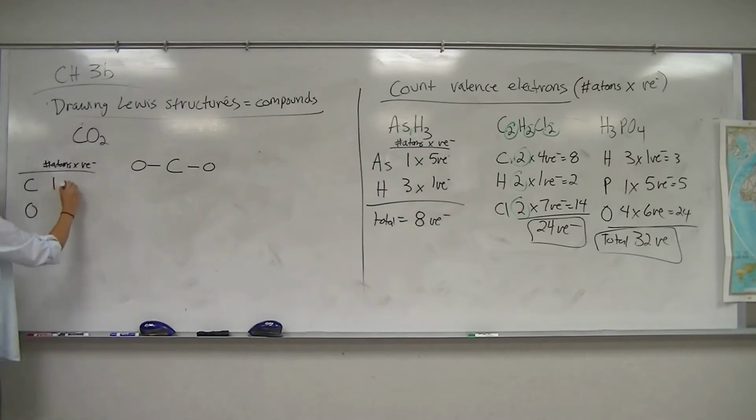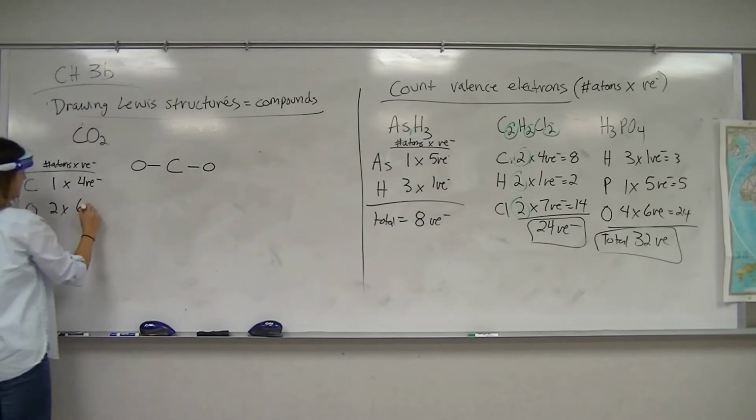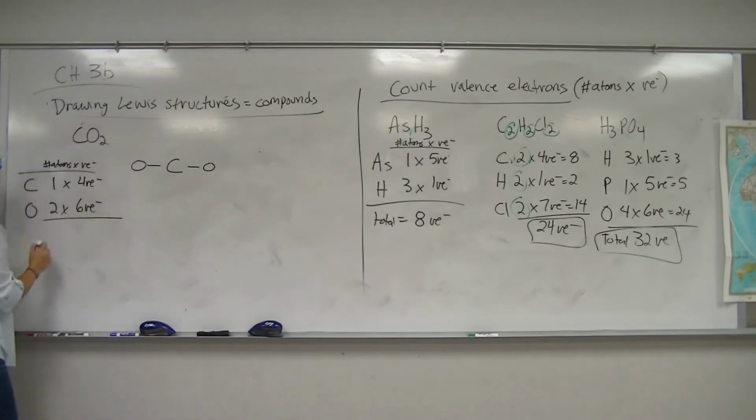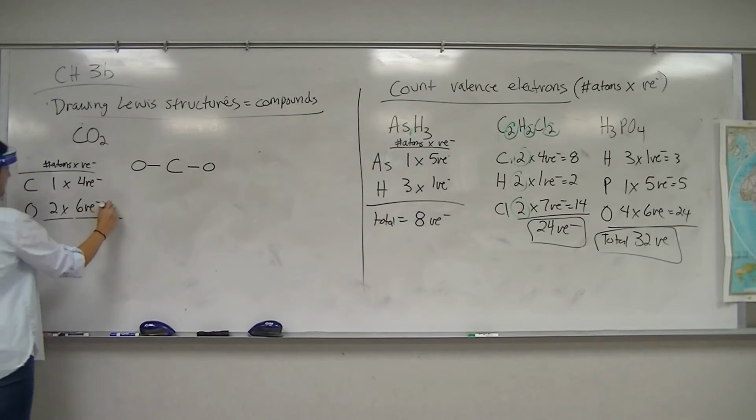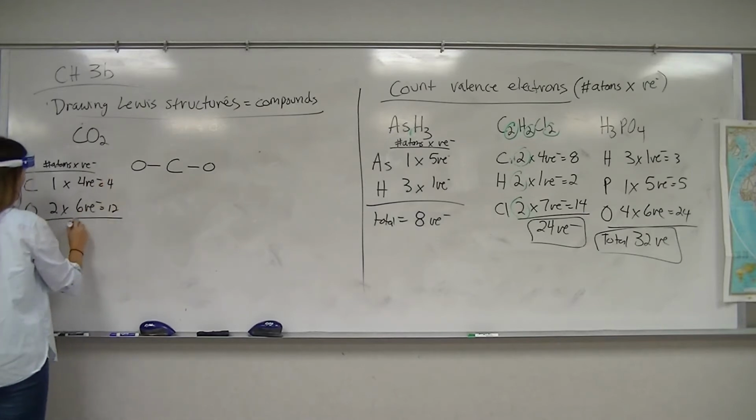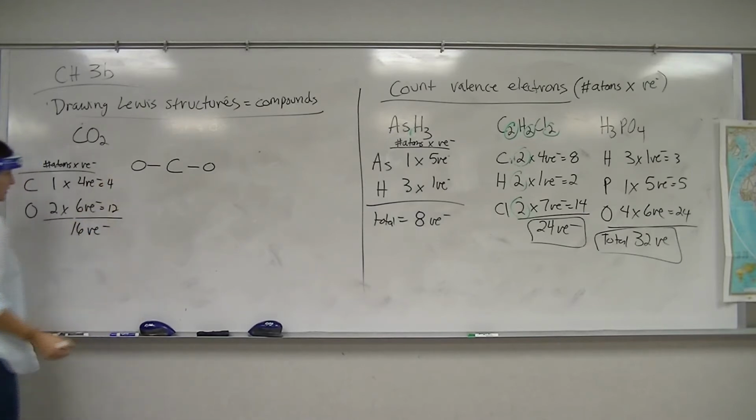Carbon: 1 atom, 4 valence electrons. Oxygen has 2, because that's subscript of 2, and 6 valence electrons. So 12 plus 4, right? So I have 16 total valence electrons.